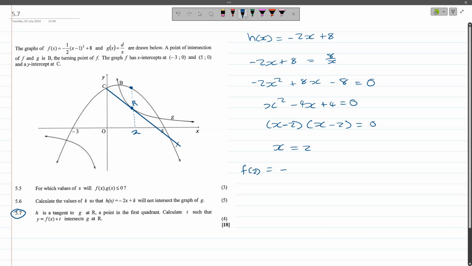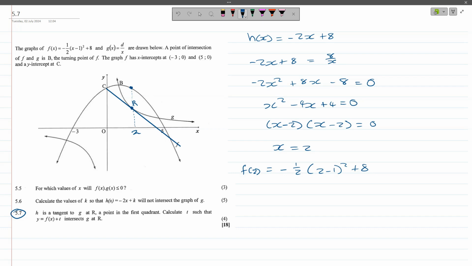So if we look for f of 2, we substitute minus 1 over 2 times 2 minus 1 squared plus 8. We have already solved for this: 2 minus 1 is 1 squared, minus a half.